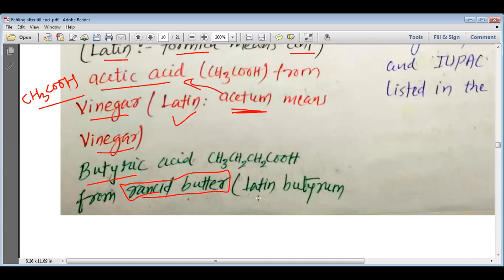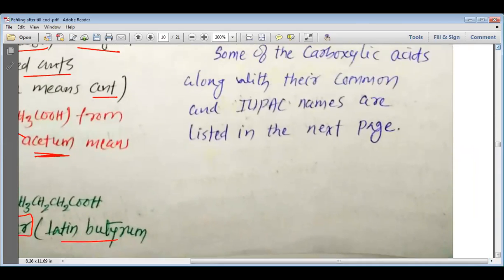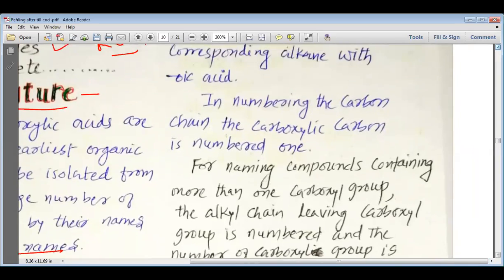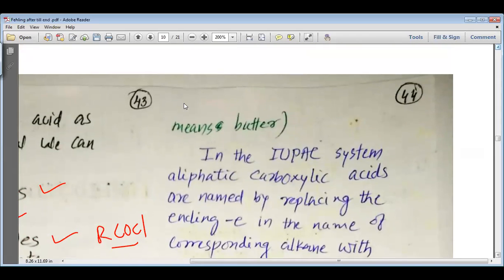For butter in Latin, there is a word butrum. So from butrum, it turns out to be butyric acid. Even the word butter, we can easily understand, is derived from the word butrum. So butrum gives us butyric acid, the name coming from the Latin name of butter.